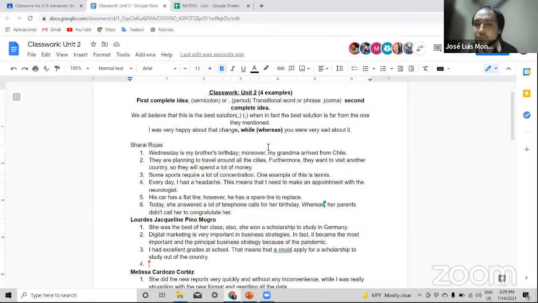Usually for subordinating conjunctions, because, while, whereas, those are subordinating conjunctions, usually we don't use punctuation at all. And don't use a second comma after whereas, please, Shadai.